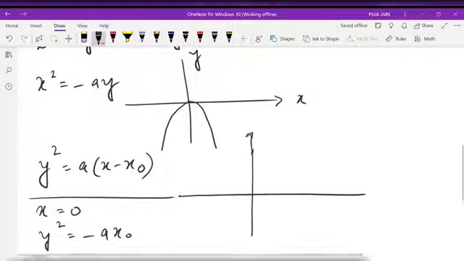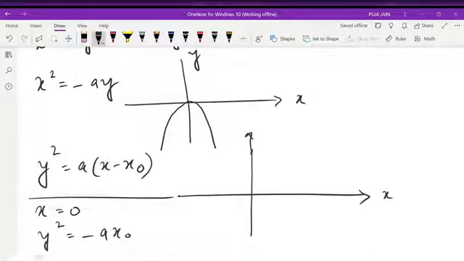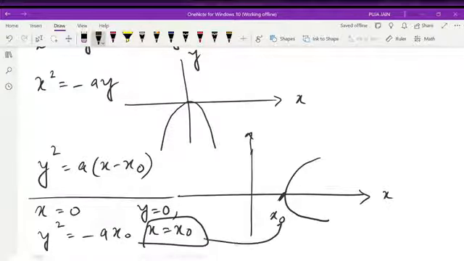So our center will be shifted from the origin to here, that is, at x equals x naught. When y equals 0, x is x naught. So our center will be shifted along the positive x-axis.